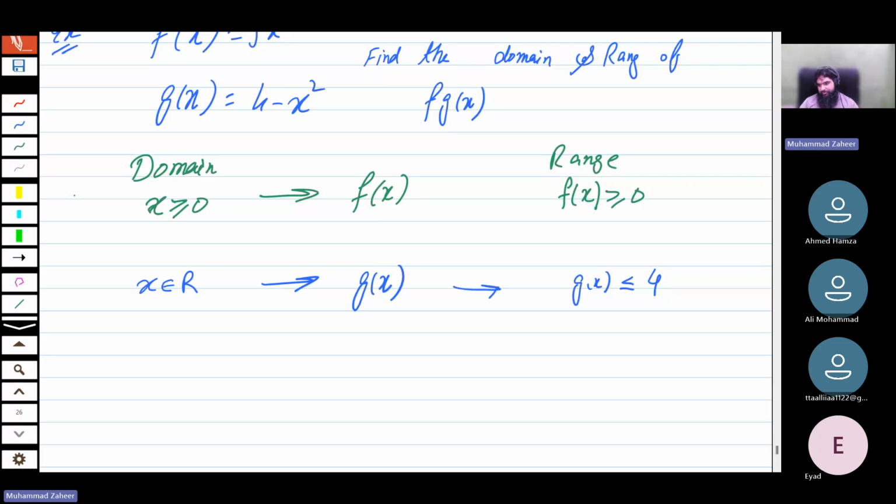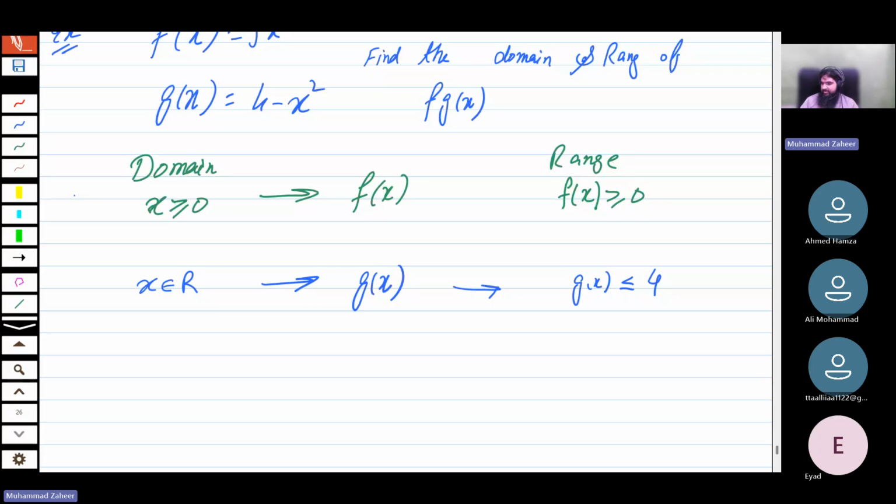Because if you substitute 0, the answer will be 4. If you substitute 1, the answer is 3. You substitute 2, the answer is 0. You substitute 3, the answer is minus 5, and so on. As you increase the values, you are getting lesser values and negative values.